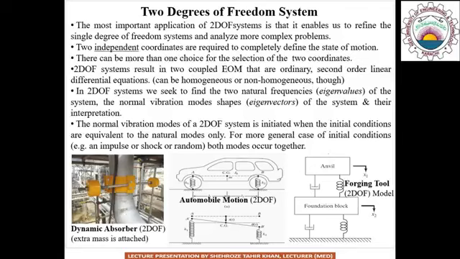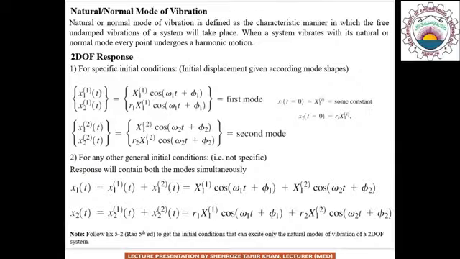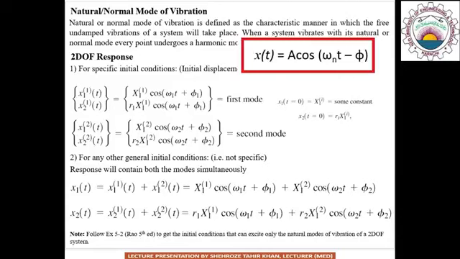Since there are two equations of motion for a 2 degree of freedom system, that is one for each mass, or more precisely one for each degree of freedom, these equations are generally in the form of coupled differential equations. That is, each equation involves all the coordinates. If a harmonic solution is assumed for each coordinate, the equations of motion will lead to a frequency equation that gives two natural frequencies for the system.